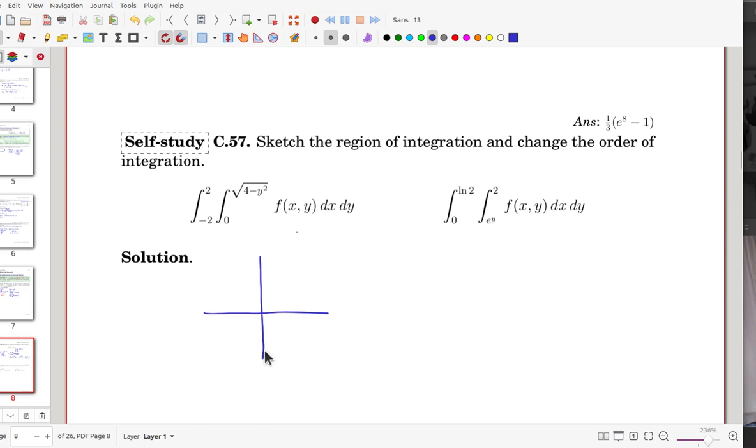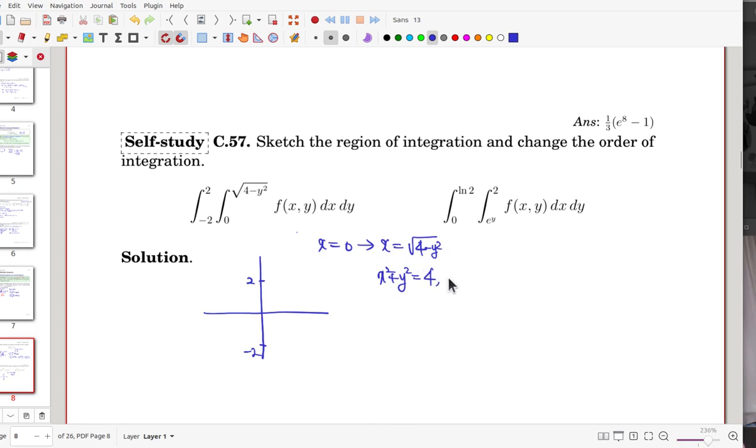Now, x is moving, okay, y is moving from -2 to 2. And that means now the bottom x is 0 and the top x is the square root of 4 minus y squared. This is the same as, by squaring, x squared plus y squared equals 4.